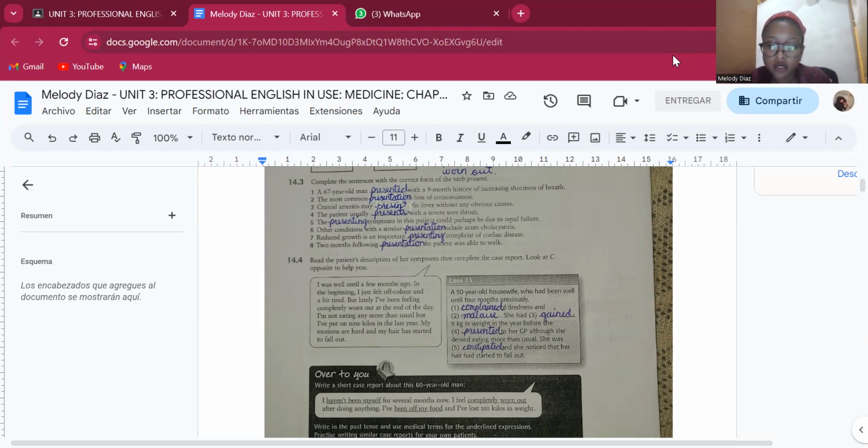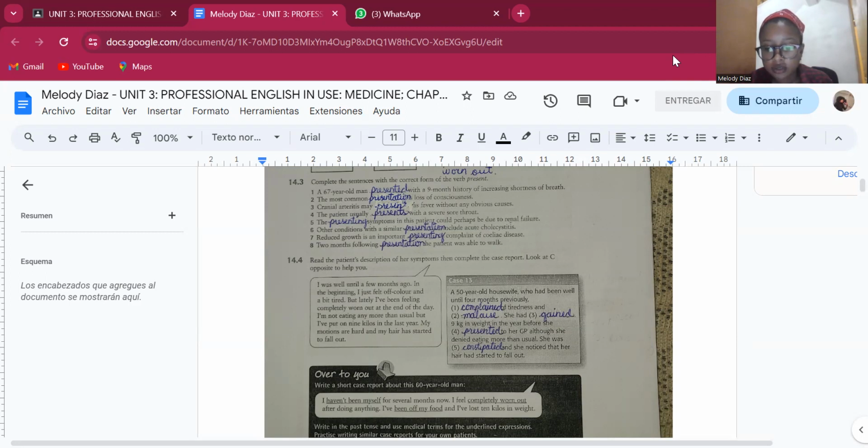Number three, cranial arteritis may present as fever without any obvious cause.